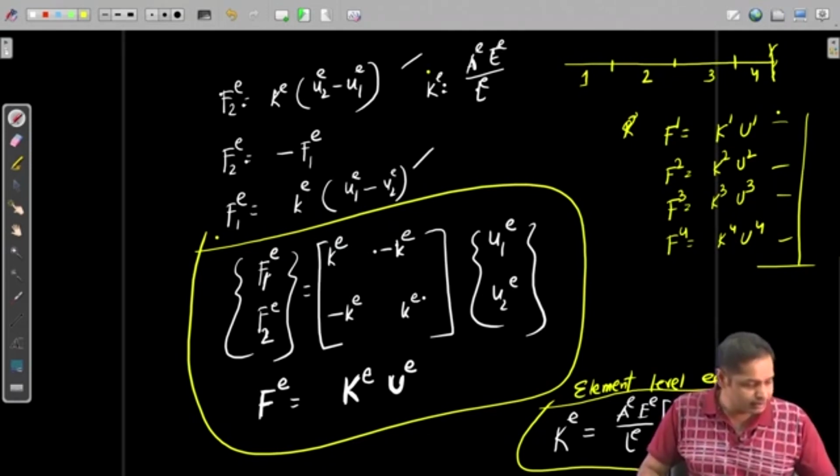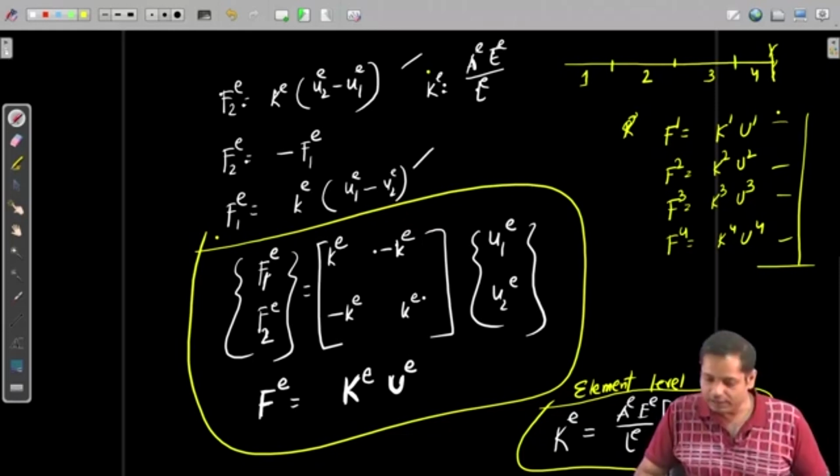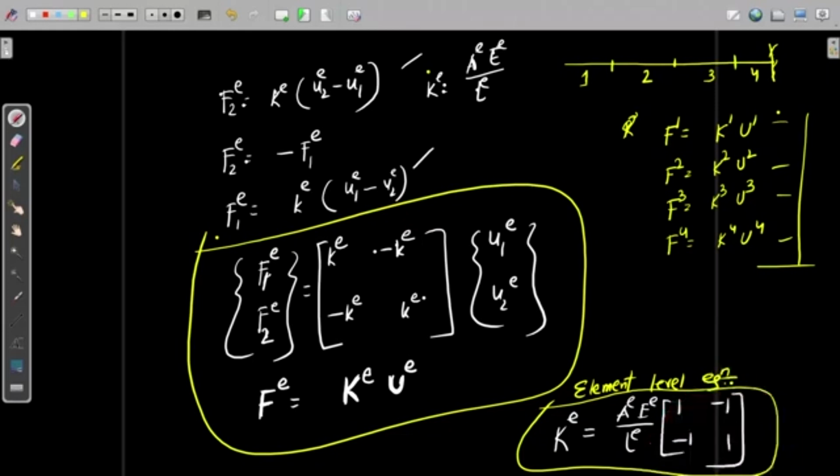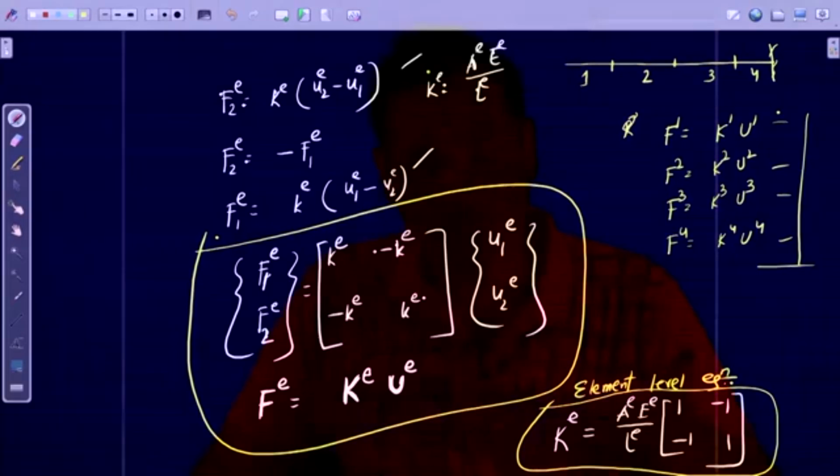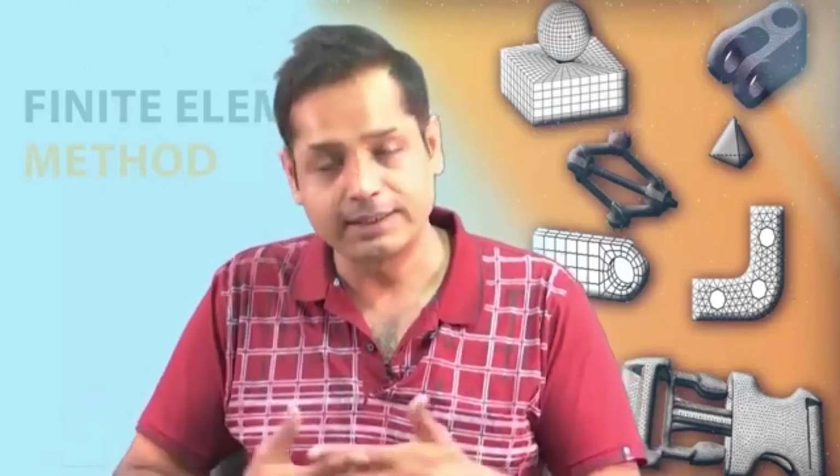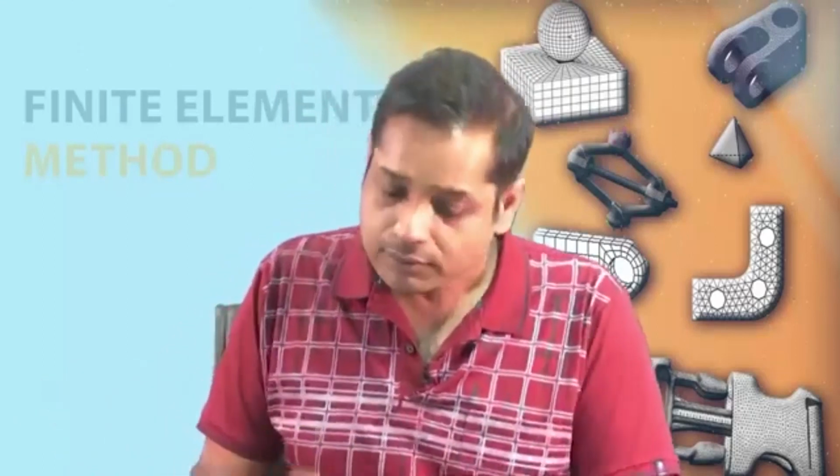In the next class, we'll take this example forward and see how, once we have this element level formulation, to assemble them to get the global formulation for the entire system, and then finally solve it. This is called the direct approach.